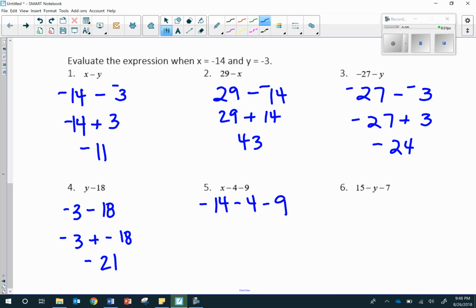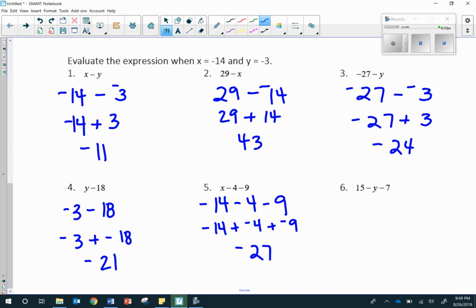Negative 14 minus 4, negative 14 plus negative 4, plus negative 9. All of our signs are the same, so we can simply add them. When we have 18 plus 9, we end up with negative 27.